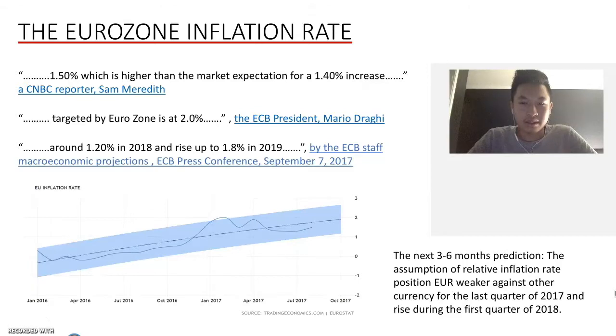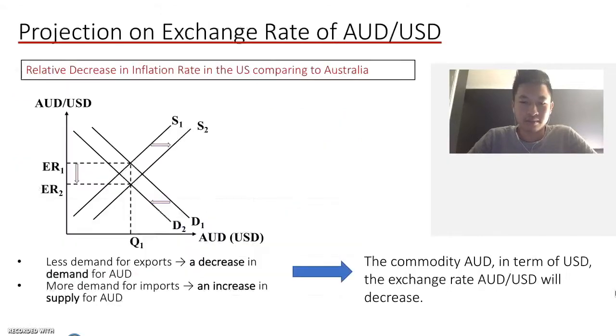But the staff of the European Central Bank projected that the inflation rate will decline to 1.2% in 2018 and it will rise to 1.8% in 2019. So in 3 to 6 months, we look at the inflation rate increasing and then declining, which positions the euro in a stronger position.